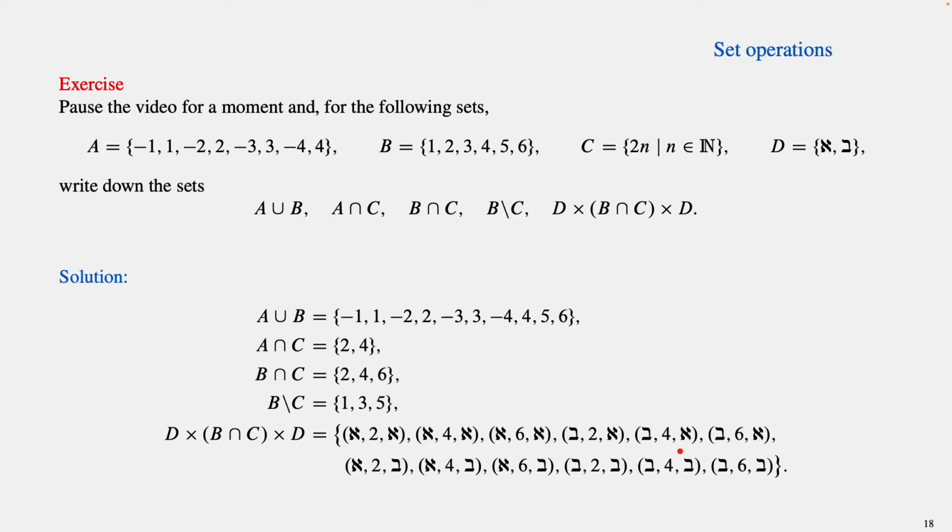You can actually check that these are all the possibilities. So I always took one of the 2 symbols, Aleph or Bet, in the first entry. Then in the second entry, it's one of these 3 numbers here. And in the third entry, it's again one of the 2 symbols, Aleph or Bet. And if I try all the possible combinations, I come up with this set.